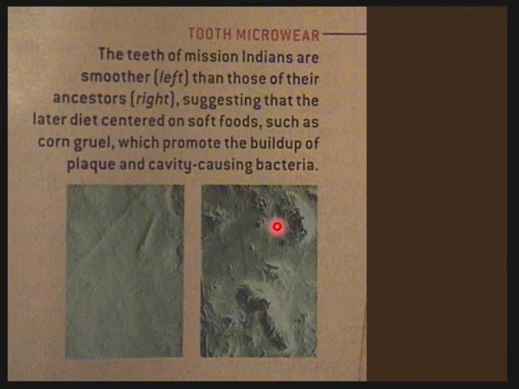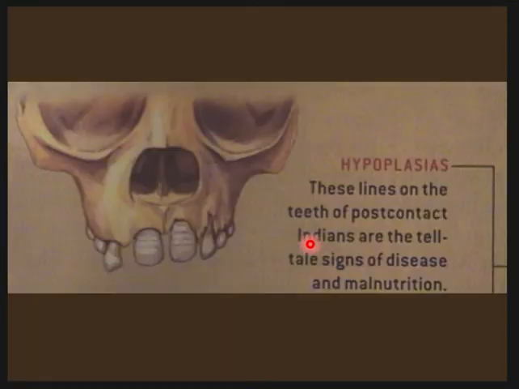They also could see, based on the diet switch to maize, like corn gruel, a lot of that was ground with grinding stones, but it's a very soft, starchy diet, and it led to cavities and plaque. So in terms of the dentition, people's health was declining as well.